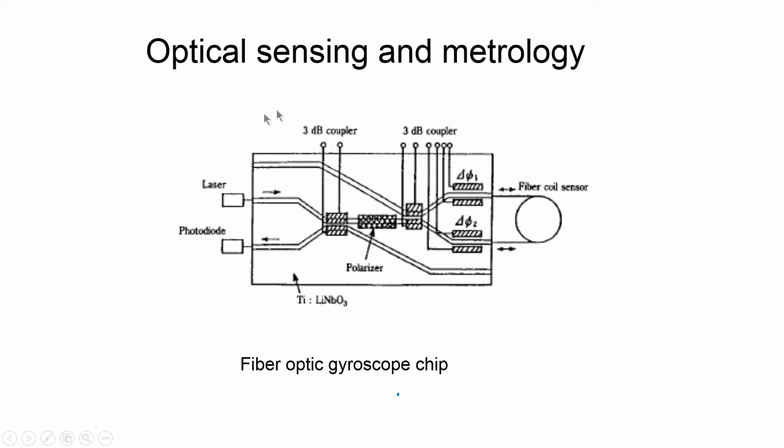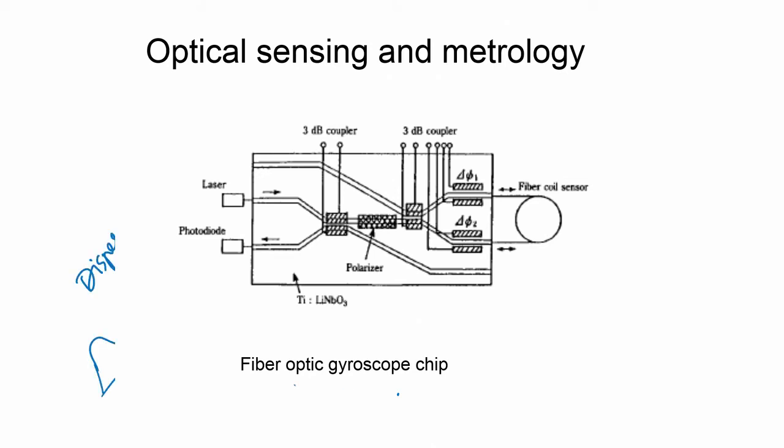In fact, the chip itself is not a sensor, but is a support for the sensor. Just let me give a brief intro to sensing applications. I will take an example of a gyroscope and explain what a sensor is and then how the integrated optical chip is being used for the sensing application.